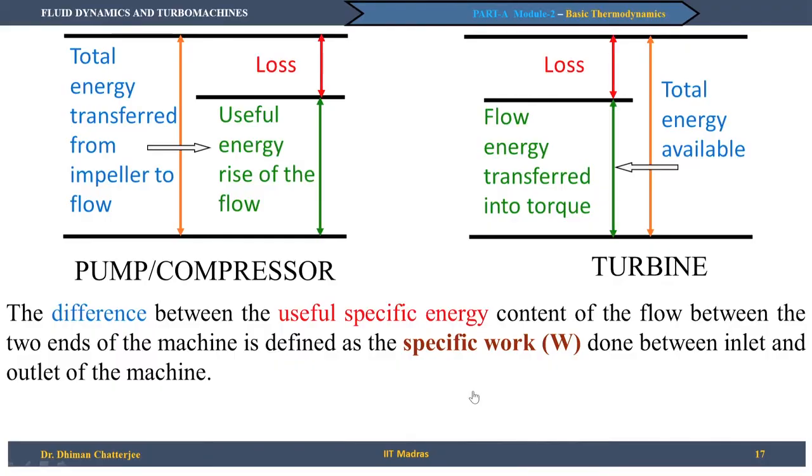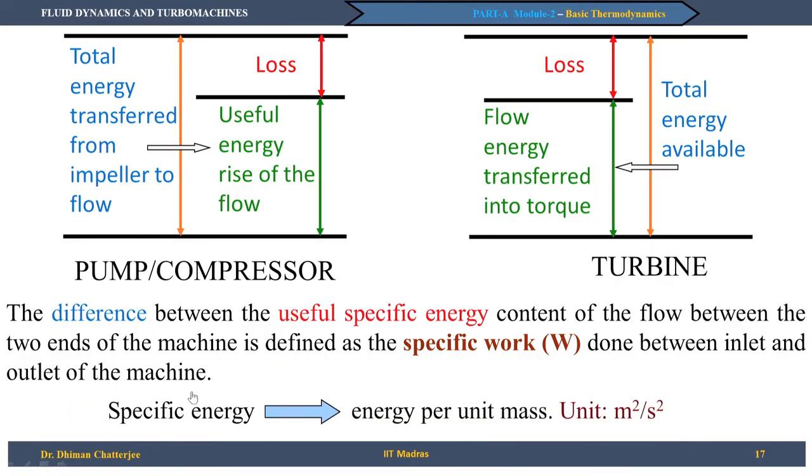This is known as specific work in case of a turbomachine, and this is one of the desirable features when you talk about the performance of a turbomachine. To remind you, since it is a specific energy, it is energy per unit mass flow rate. So, it is joules per kg or meter square per second square.